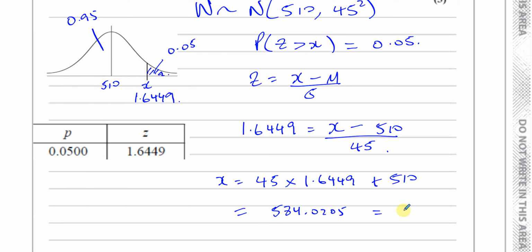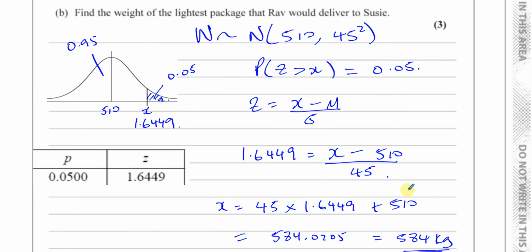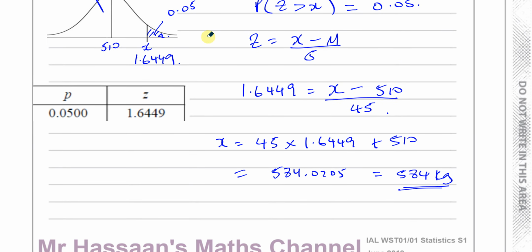584.0205, which is 584 kilograms to 3. Is it kilograms? Sorry, it's not kilograms, that's a bit heavy. Yeah, grams. It's just a package. Okay, 584 grams.